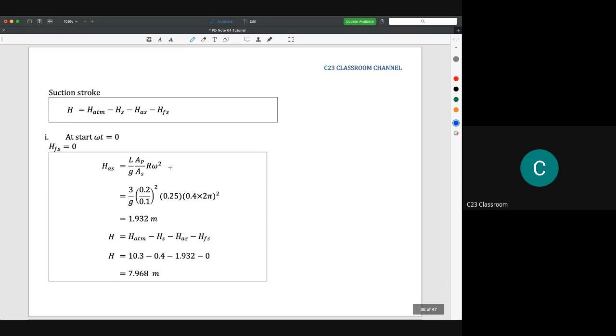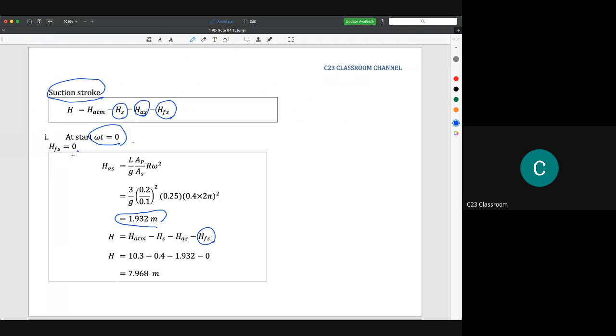Okay, so this is the solution. Let's start with the suction stroke. For the suction we need to deduct all the parameters: the suction head, the acceleration head, and also the friction head. At the start, omega t is equal to 0, so we get that the acceleration head is 1.932 meters and the friction is equal to 0.